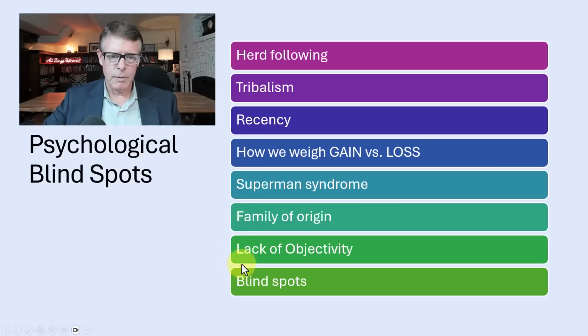If you look at lack of objectivity, that's a super key one. We work very, very hard for our money, and what happens is when the markets begin experiencing some volatility or there's economic challenges or geopolitical events, we can do all the homework in the world and have a great plan, but people will torpedo those plans if they're not being objective about next steps in times of uncertainty.